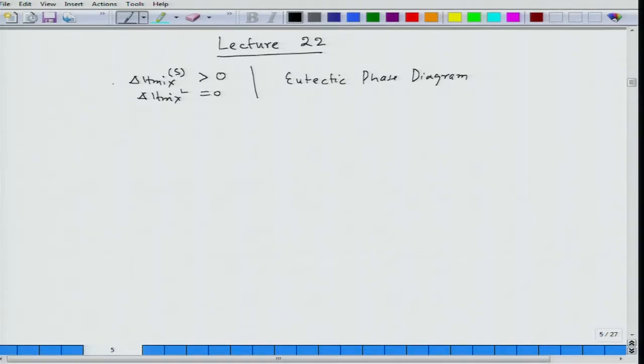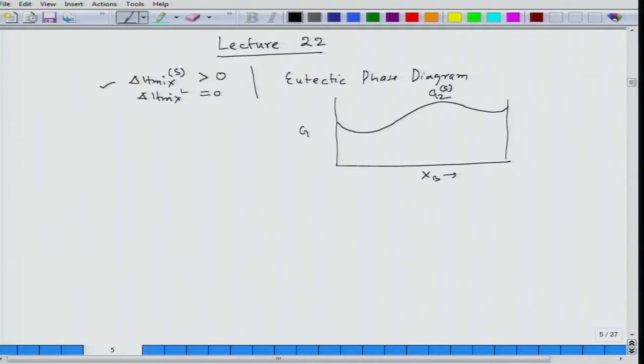Now, in another situation, this is G, this is x b, the G2 of the solid solution was like this, because that time we considered A and B both to have the same crystal structure.